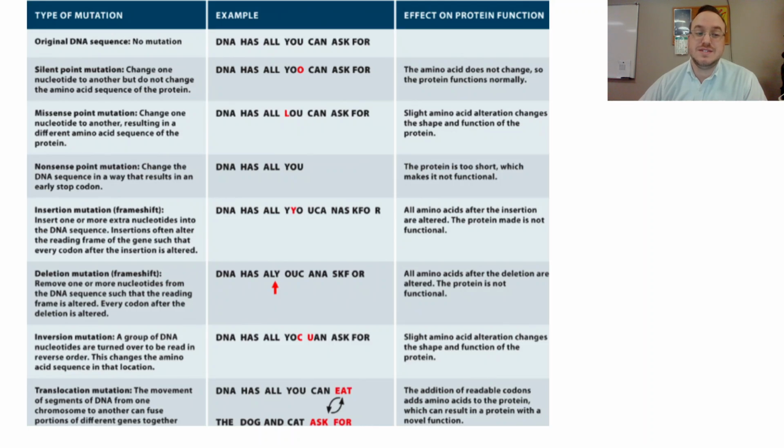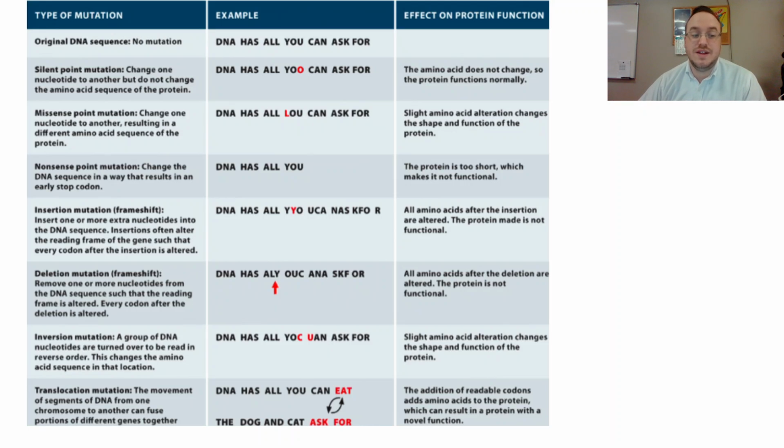Then we've got missense and nonsense point mutations, which can change the amino acid being produced or remove an amino acid. They could also change the traits that are actually evidenced in the phenotype, because if you don't have an enzyme that does a specific thing, you might not get that trait.